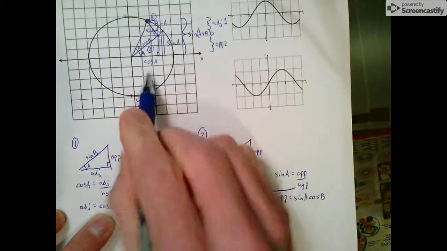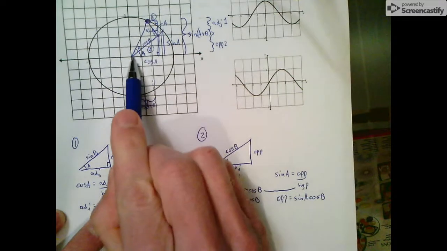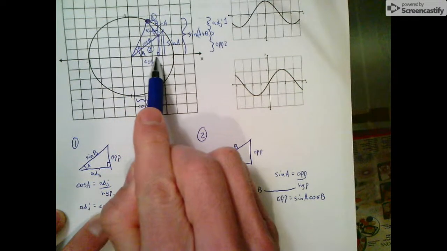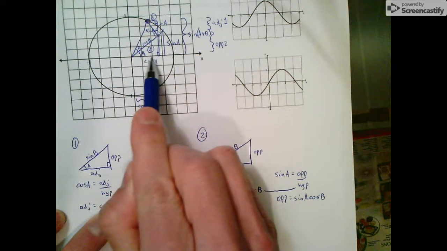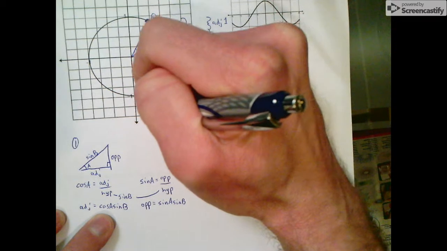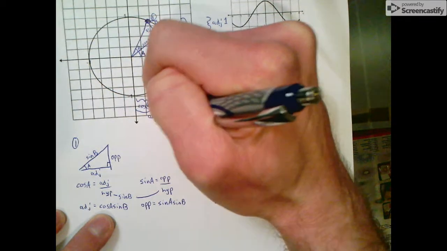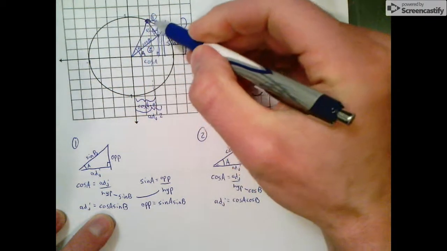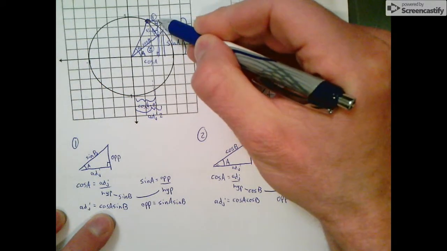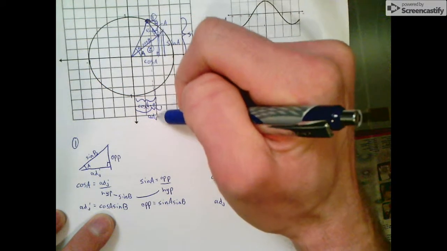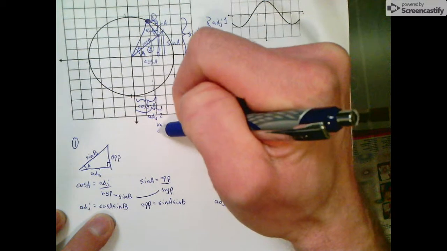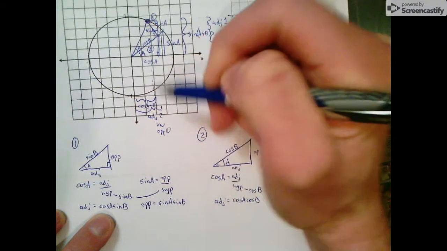Similarly, we can see that the full length here, the adjacent side of triangle 2, covers all that distance. And we can look right in here and see this little length right there. It's actually the difference between these two lengths, and that is the opposite side of triangle 1.